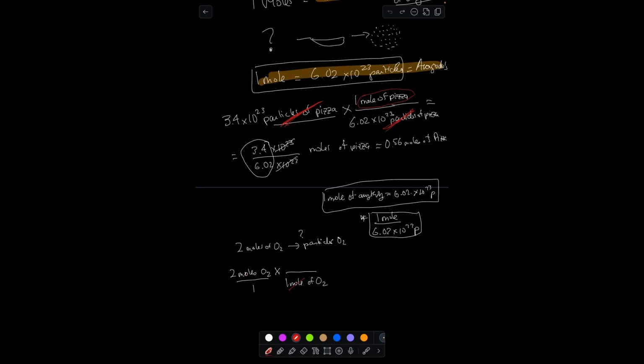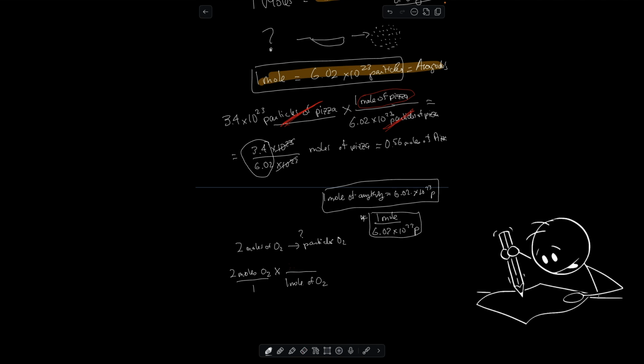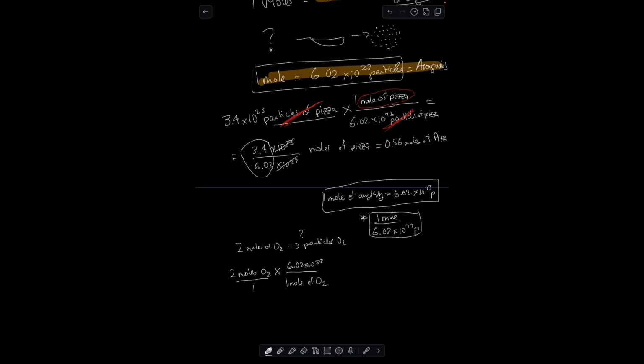That's why we have to put the moles on the bottom. And then 6.02 times 10 to the 23rd particles of O2 is going to be on the top.